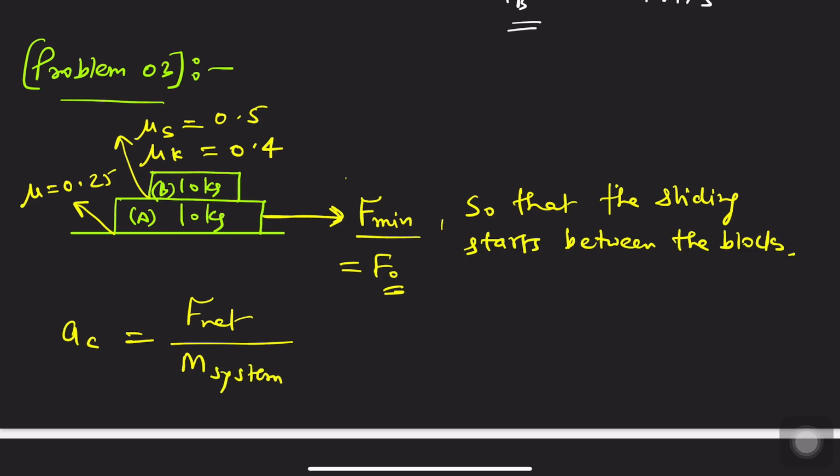F net will be how much? If you see this system, not only this F will act, the friction force will also act if they are going to slide together. So if sliding is going to happen, there is going to be a friction force here.